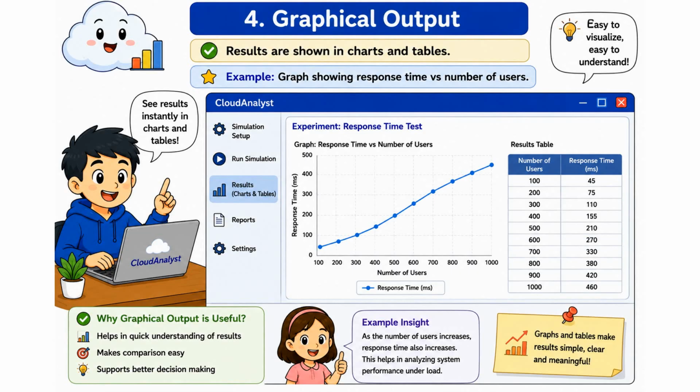And the overall figure demonstrates the CloudAnalyst simplifies cloud simulation analysis by presenting results in clear and meaningful graphical formats, making it easier for the students and the researchers to interpret cloud performance data. So this is about the features of the CloudAnalyst.